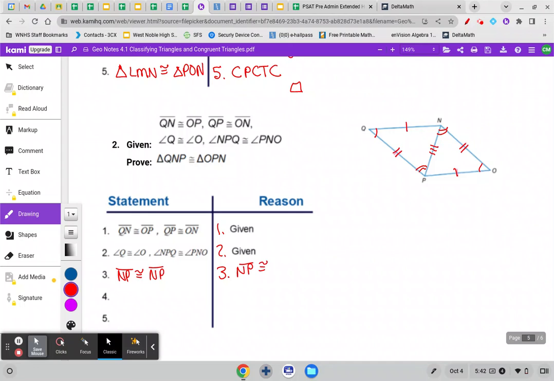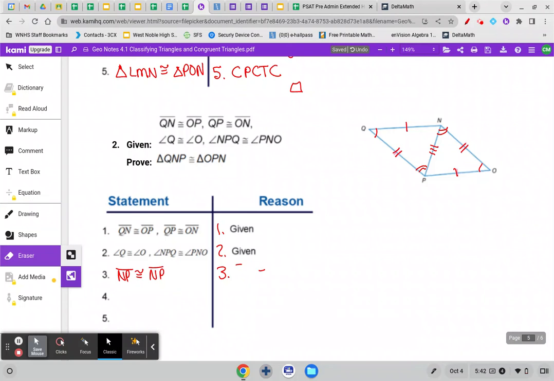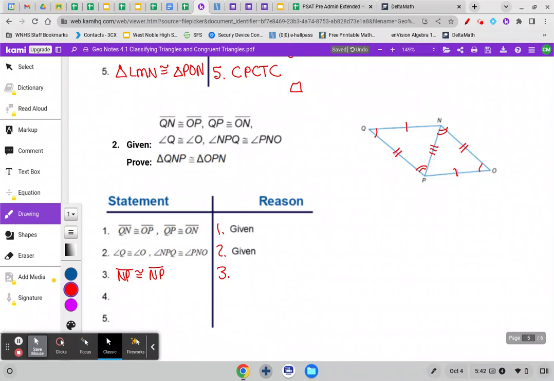We have to make sure we state everything that we see to make sure we covered all of our bases. Oh, that's not what I meant to write here. I meant to write reflexive property. So we talked about reflexive, symmetric and transitive properties a while ago, and actually quite a few times. And this is one of the cases where we can use it.